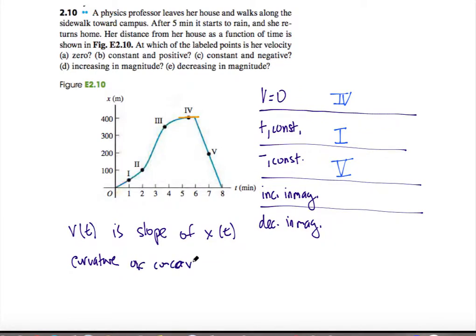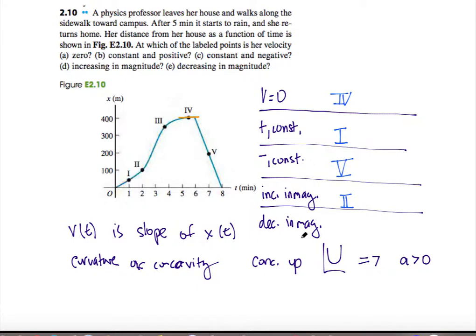So if I want an increasing magnitude, I want to look at my graph and see where it is concave up, which looks like this, like an upward facing U, and implies that acceleration is positive for that section. If I look at my graph, I can see that near Roman numeral 2, I have concave up, and therefore I can tell that my acceleration should be positive.